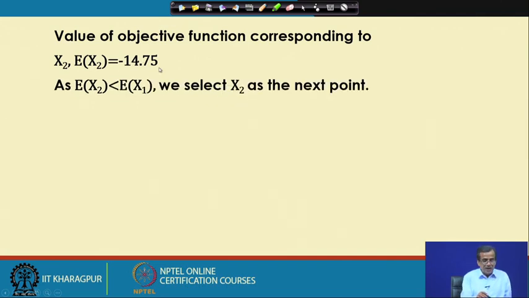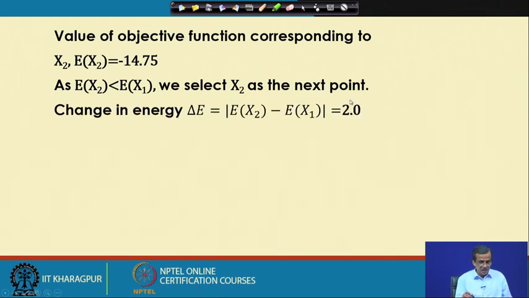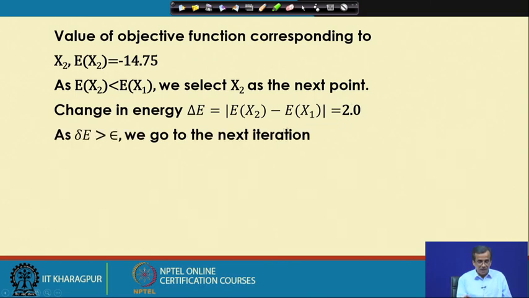Now, if I compare E x 2 and E x 1, E x 2 is found to be less than E x 1. So, we select x 2 as the next point. Change in energy delta E is found to be 2.0, and as delta E is found to be greater than epsilon, we go to the next iteration. This should be delta.